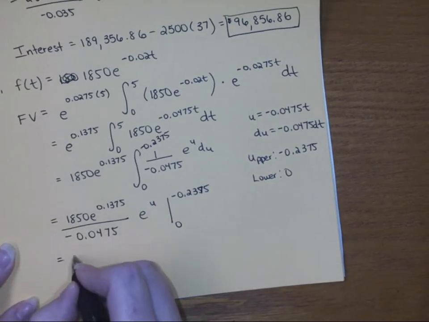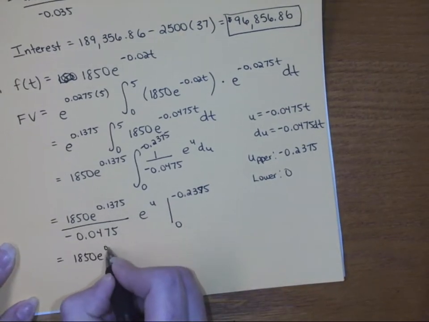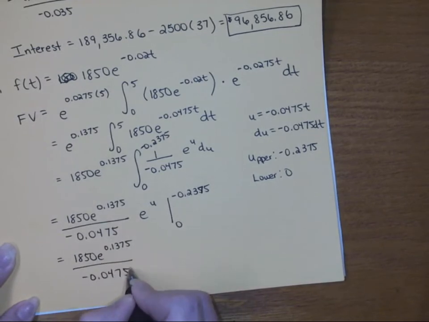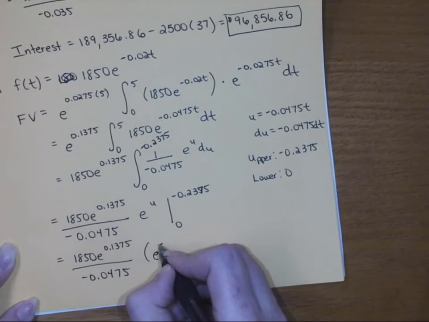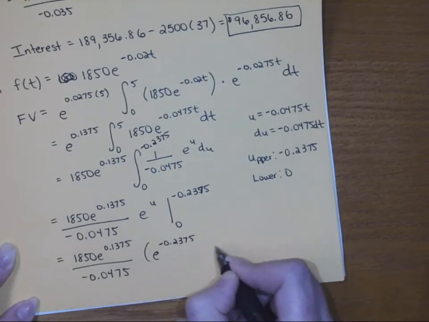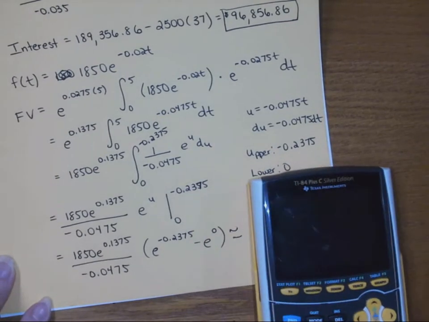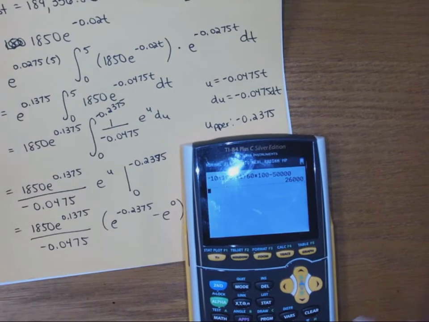And then notice, this is the same as the one we just did. So the constant, again, stays out to the front. And we just have e to the negative 0.2375 minus e to the 0. Okay, so I want to make sure that you can actually punch this in your calculator. So 1850 times e raised to the 0.1375 power, and then get out of the exponent and then divide by negative 0.0475.